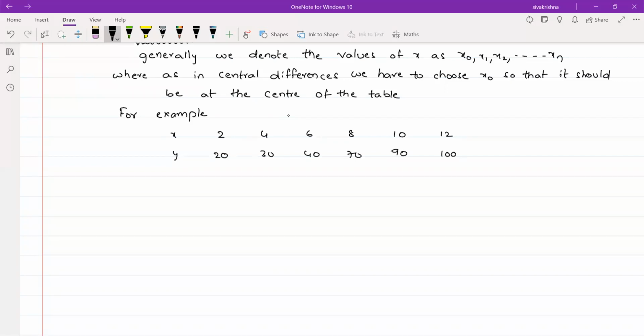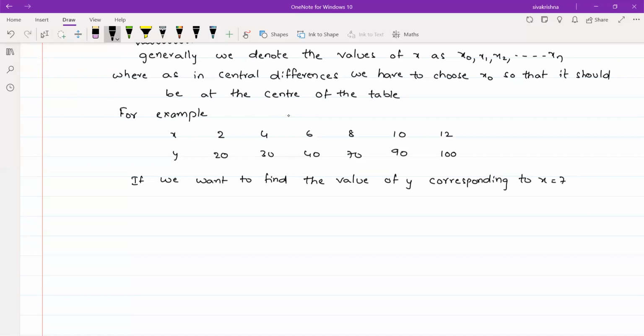Suppose we want to find the value of y corresponding to x equal to 7.